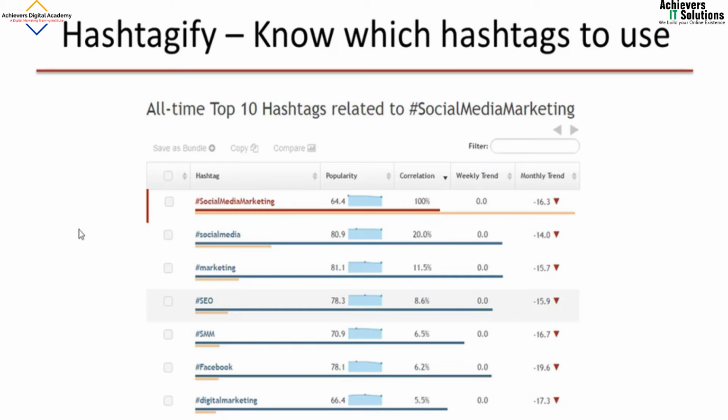This is important because if you use hashtags that are very crowded, where a lot of tweets are coming in on a particular hashtag, then your tweet would get lost in the crowd. Using a hashtag that is very thin, not very popular, you will not be reaching enough people because there are not enough people following that hashtag.